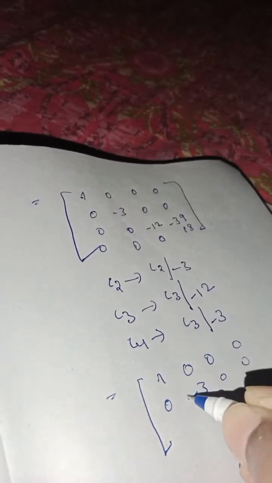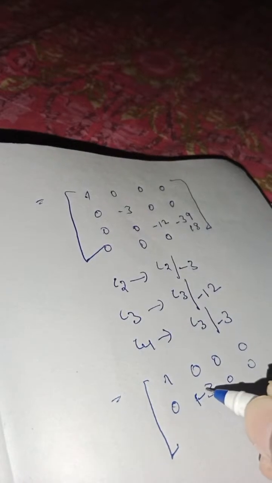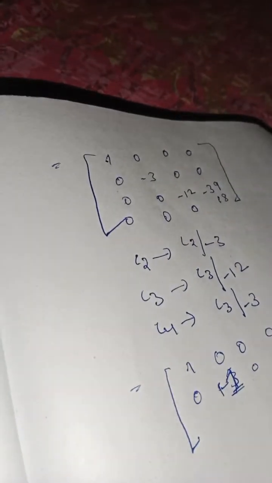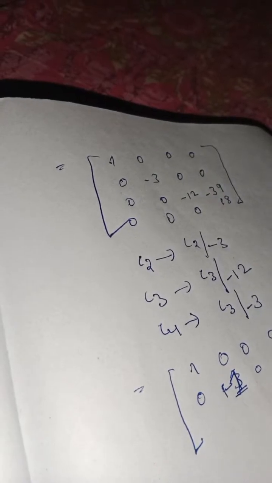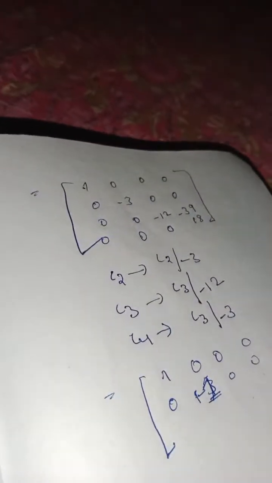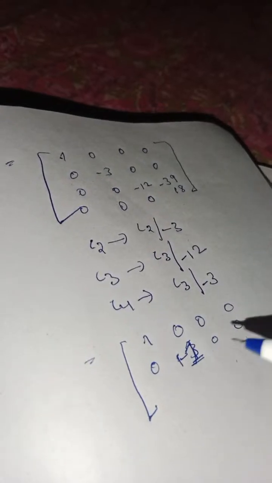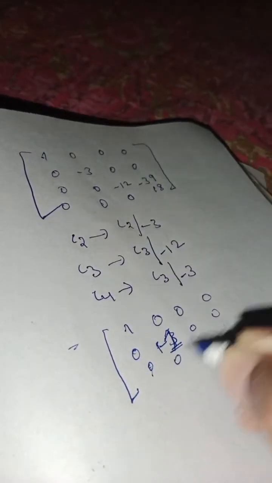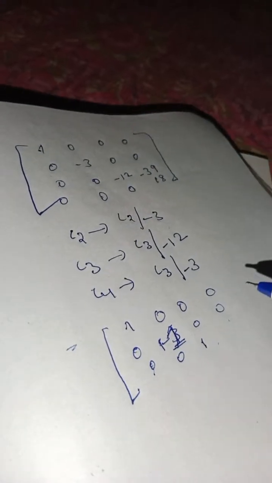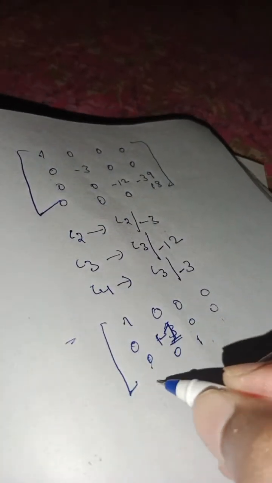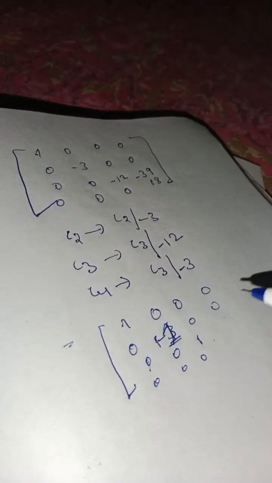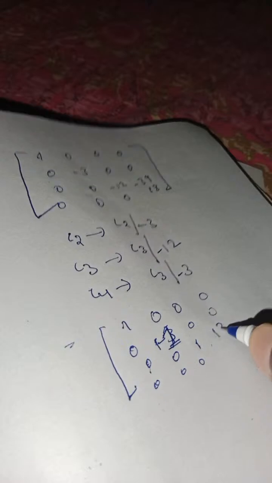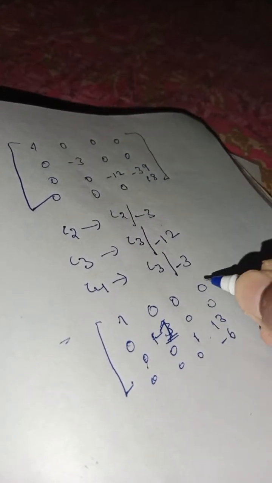So here we'll be getting plus 1. So 0 0 1 0 0 0 and again 13 3 is a 39, minus 6 will be getting.